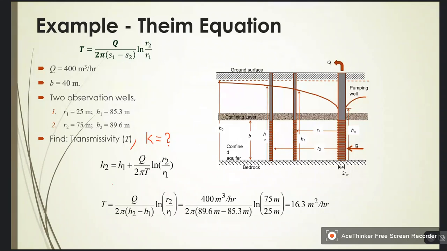See, you want to know what is H1 and H2, isn't it? Are you seeing the figure here? Yes, sir. So this is H1, and this is H2. This is a confined aquifer. So this is a confining bed at the top, and this is a confining bed at the bottom.